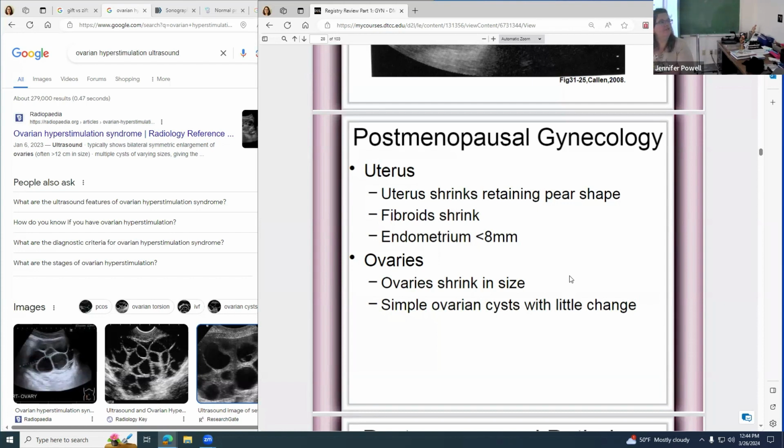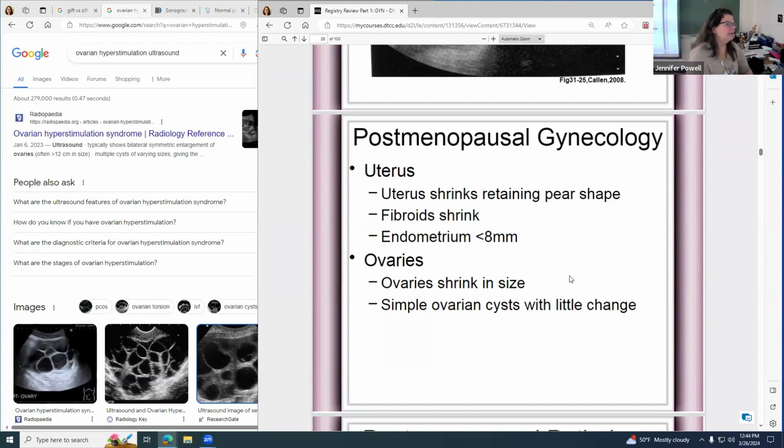But then, who remembers when somebody is officially in menopause? It's when they haven't had their period for 12 consecutive months. After that, those estrogen levels start to level out. They're low, but they do level out. And women who are having those hot flashes and mood swings and all that, that gets better once the levels are stable instead of fluctuating.